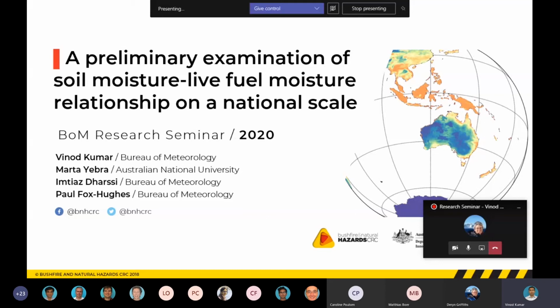So the work I'm presenting here today is part of a project funded by the Bushfire Natural Research CRC. This is a small project with a total of 1 FTE that's been ongoing for about 6 years now, and it consists of 3 of us here in the Bureau: myself, Imtiaz Darcy, and Paul Fox Hughes.